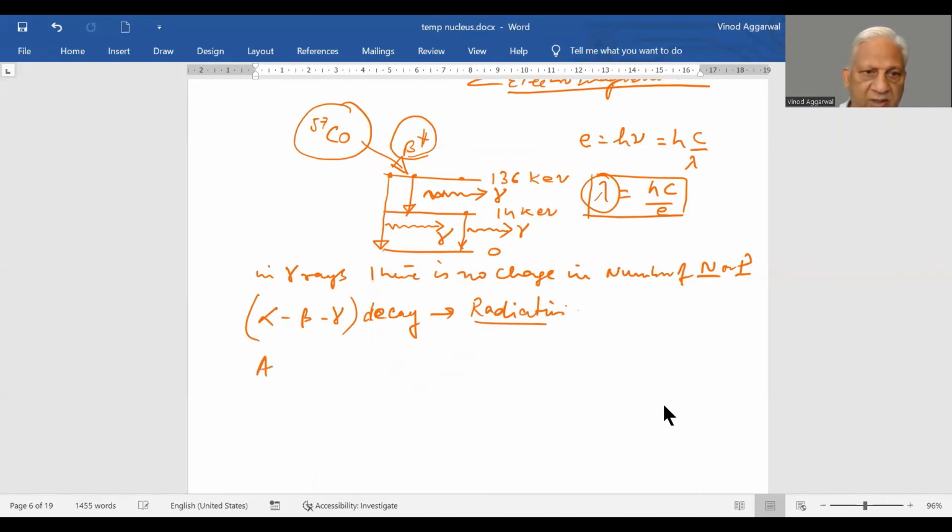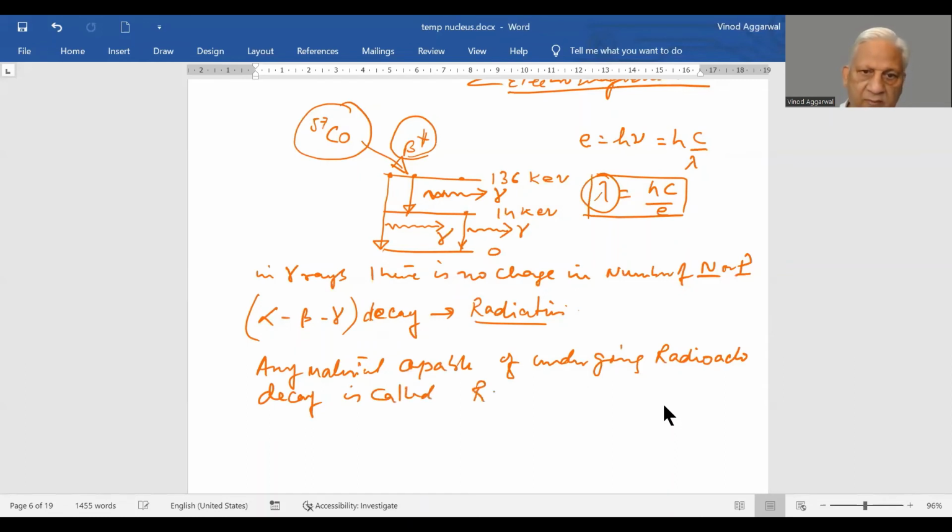Now, any material capable of undergoing radioactive decay is called a radioactive material.